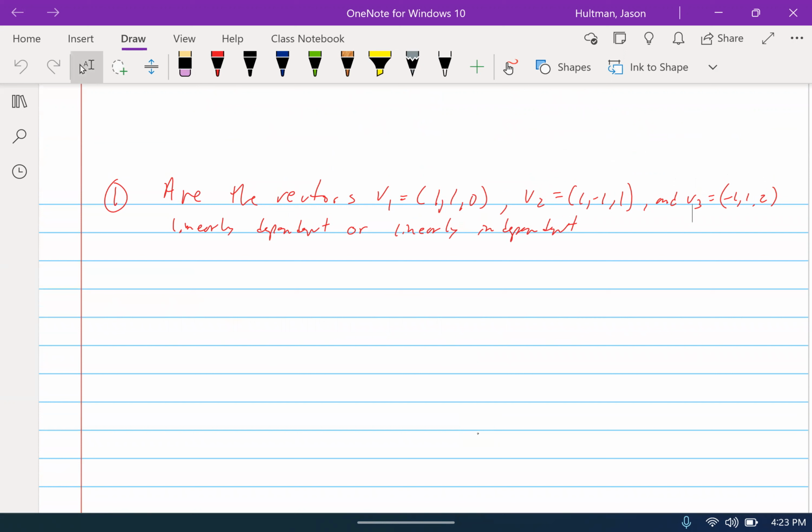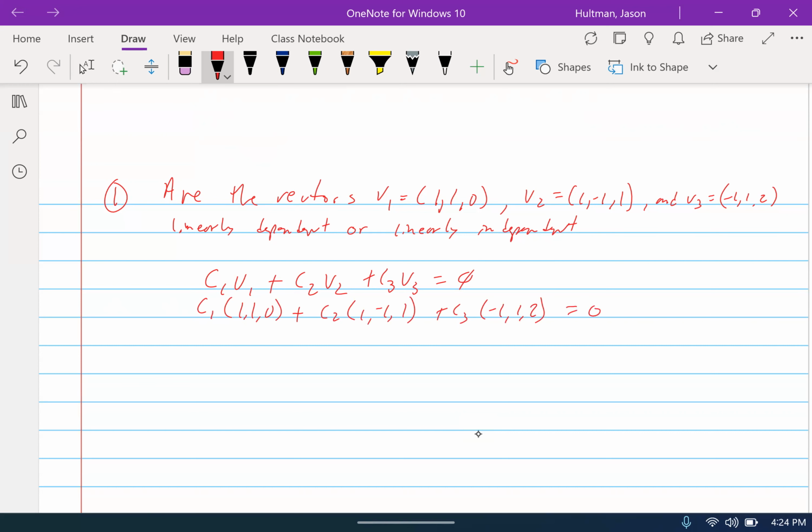Okay, so let's look at what we have here. We're going to take C1v1 plus C2v2 plus C3v3, and we're going to set that equal to 0. We're going to say that C1 times 1, 1, 0 plus C2 times 1, negative 1, 1 plus C3 times negative 1, 1, 2 is equal to 0.